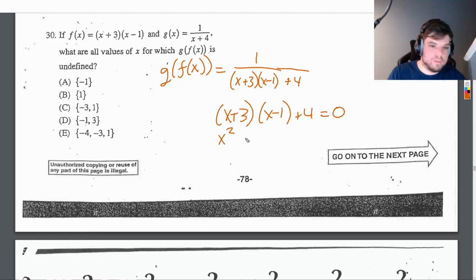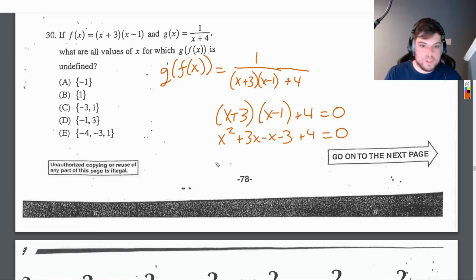Okay, we can do this out. x squared plus 3x minus 3 plus 4 equals 0. So this is x squared plus 2x plus 1 equals 0.